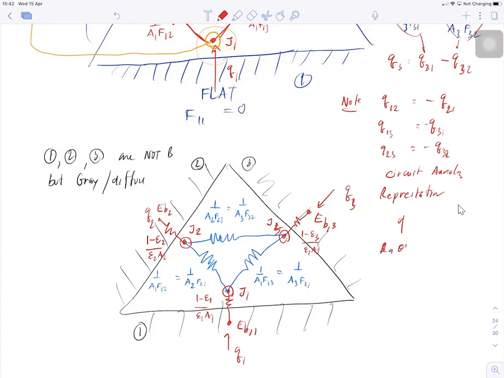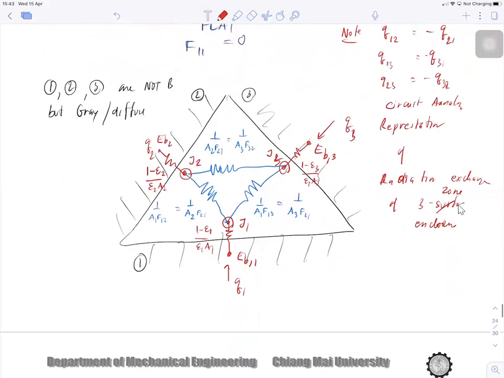Radiation exchange of three surface enclosure. Actually, I have to use zone, three zone enclosure. Okay?